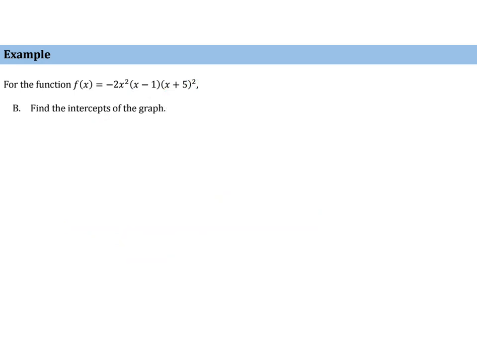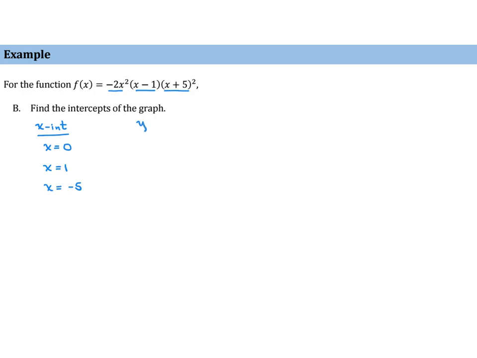Now let's find our intercepts. If we are going to find our x-intercepts, this is particularly nice because we are already in factored form. And so we can look at the factors. So our x-intercepts are x equals 0, x equals 1, x equals negative 5.